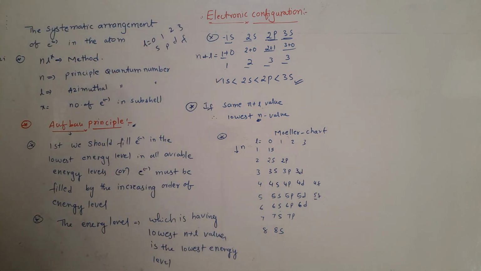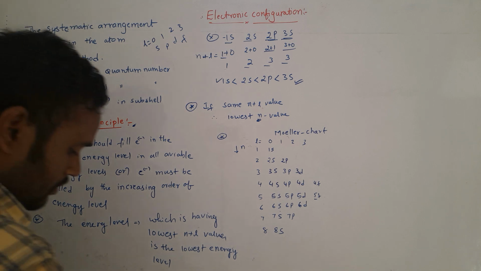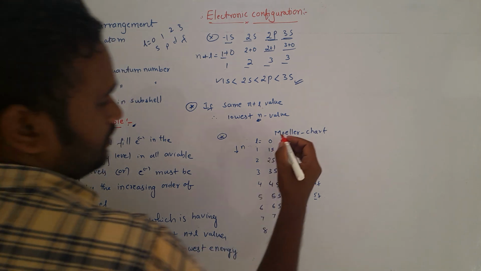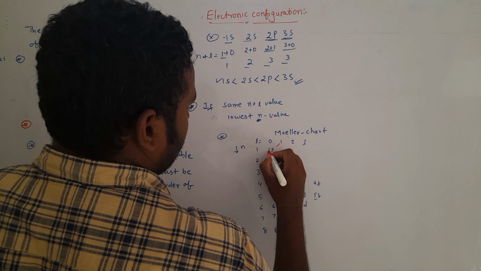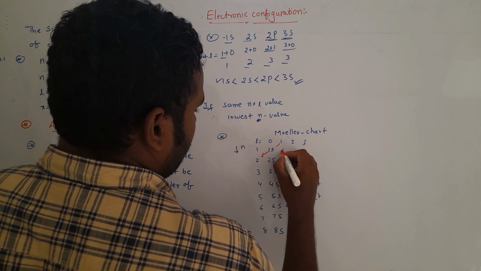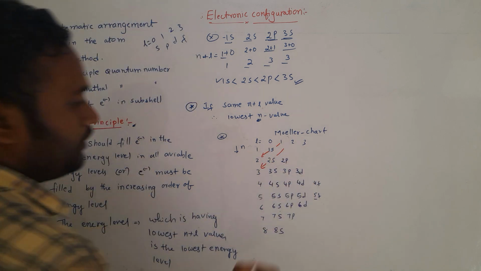So the next step is drawing arrow marks. Like this, you draw arrow marks. You divide into sets of arrows.